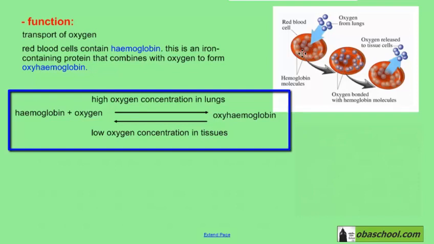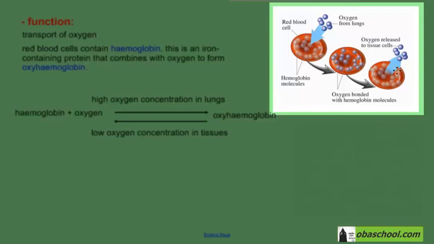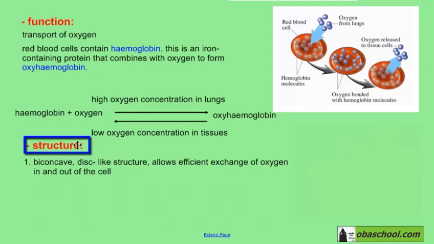So oxyhemoglobin has to break down into hemoglobin and oxygen. They have to stop binding, and this oxygen can now diffuse from the artery into the cells of the body that need oxygen. And here we can see the oxygen being released from the red blood cell because it is no longer bound to hemoglobin.